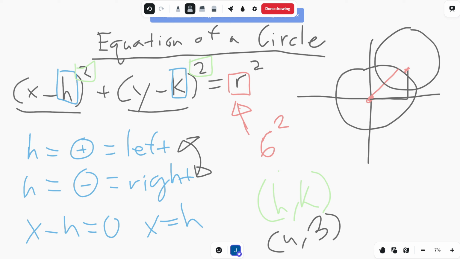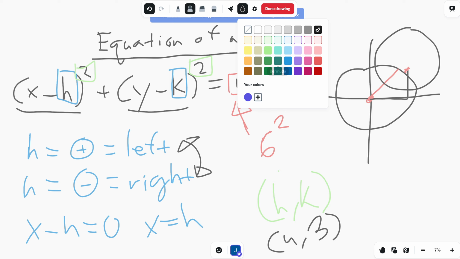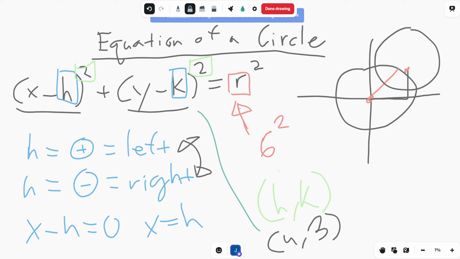For the radius, we must know that the radius will always be squared, and because of that, we must take into account that's how large the circle will be. So say, for example, this is equal, after this is plugged into the equation, to, let's say, 49.